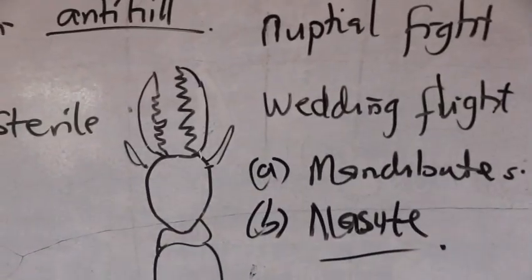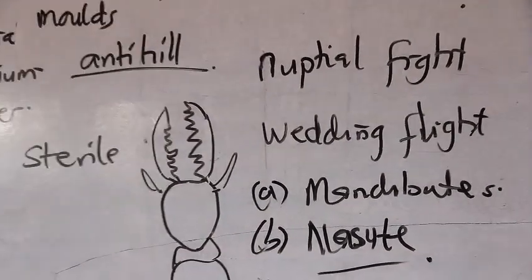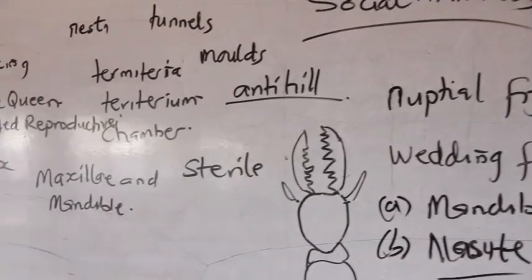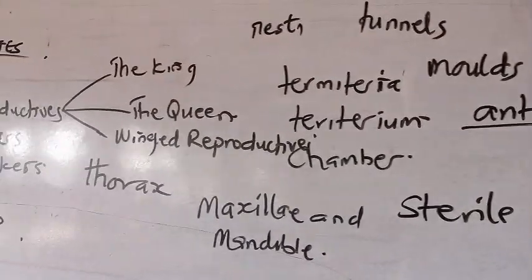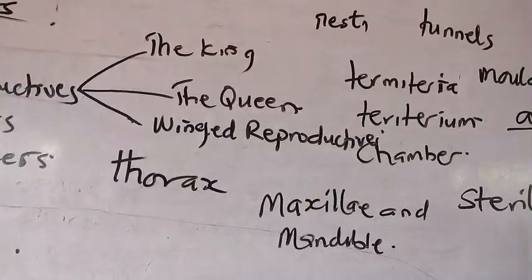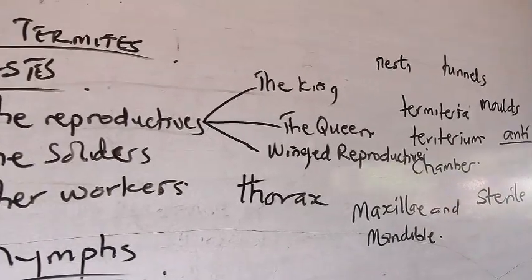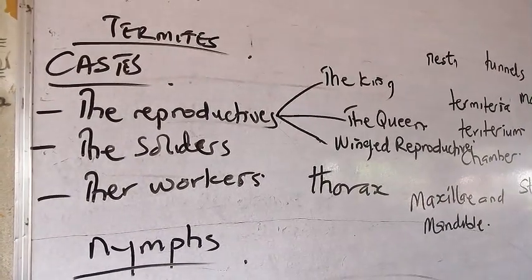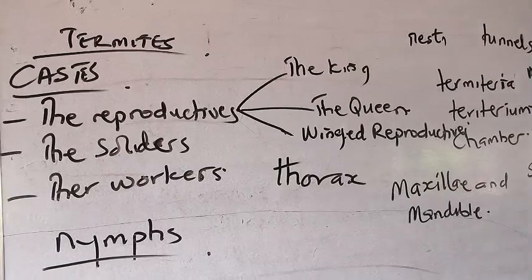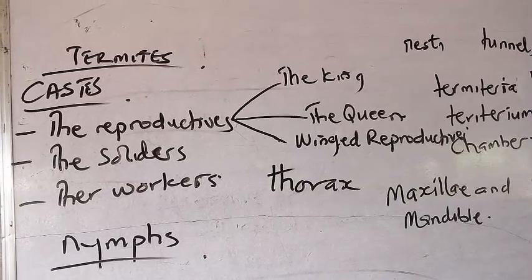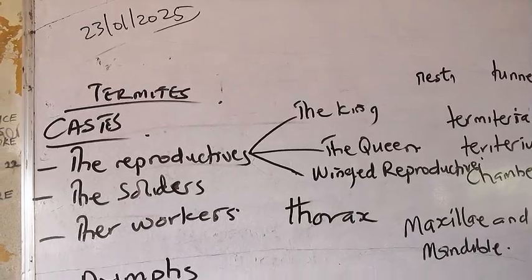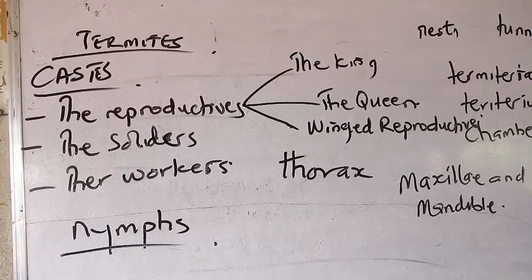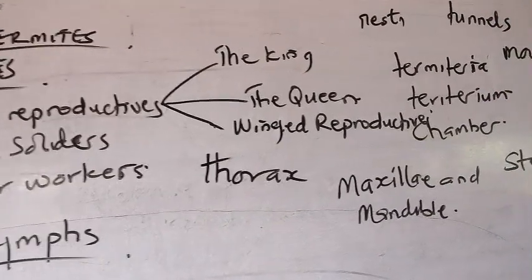We are still talking about behavior. Let's look at the general behavioral adaptation of termites. 1, they move in group. They move in a group or cluster, which enables them to ward off their enemies.